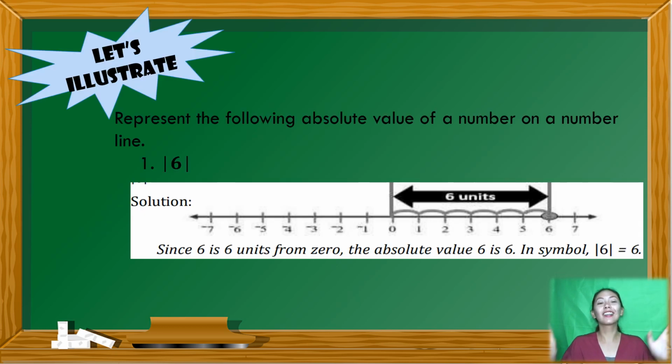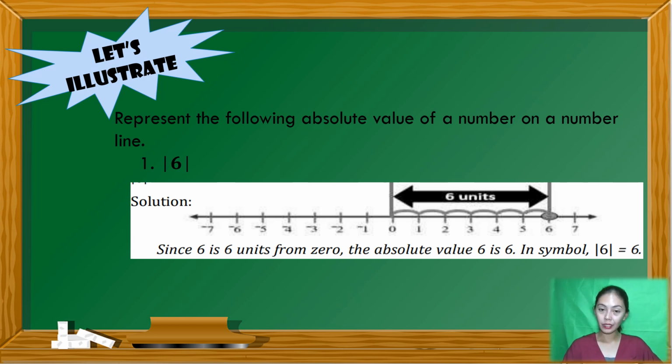Now let's illustrate, so we can understand better. Represent the following absolute values of a number on a number line. We have here our number line. We will find the absolute value of 6. Always remember that in the definition, absolute value is the distance from 0 to the number.